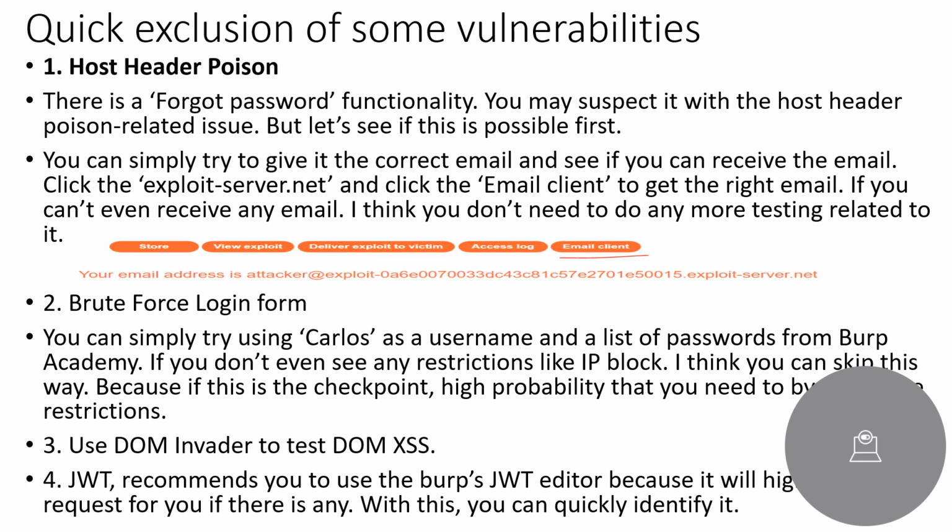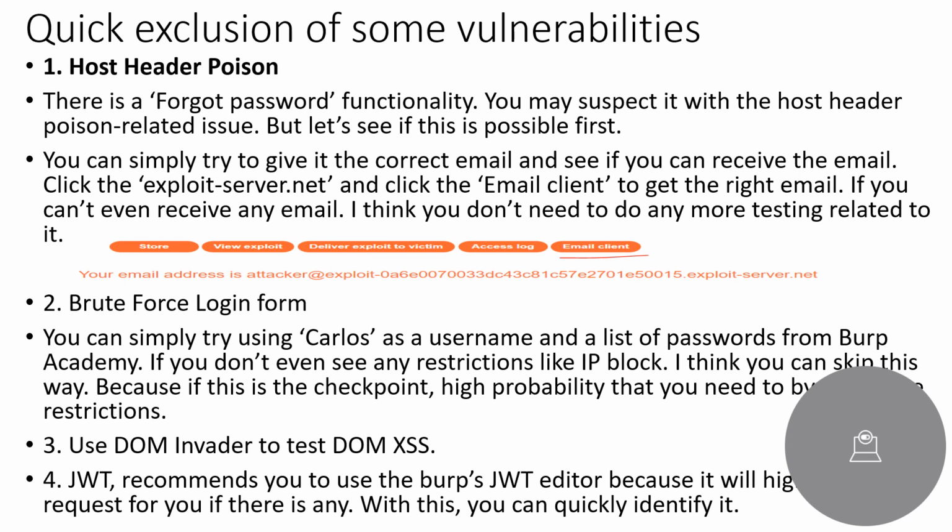For example, how could we quickly exclude some of the vulnerabilities for host header poisoning? When you click My Account or Advanced Search, it will direct you to the login page. There is a link called forgot password functionality.